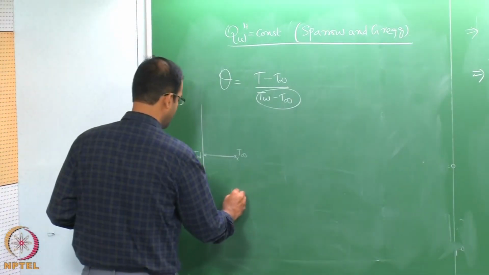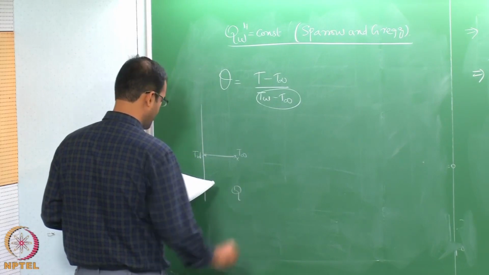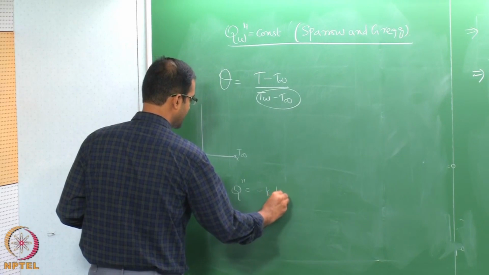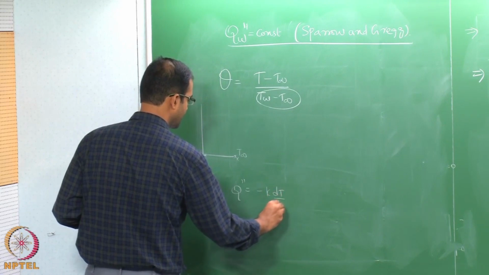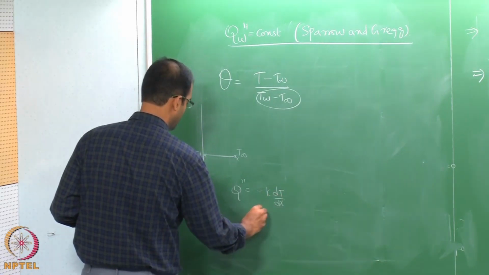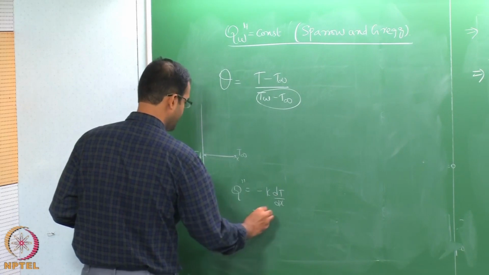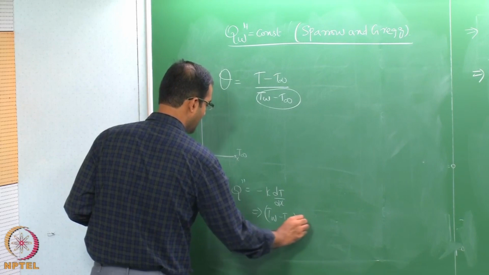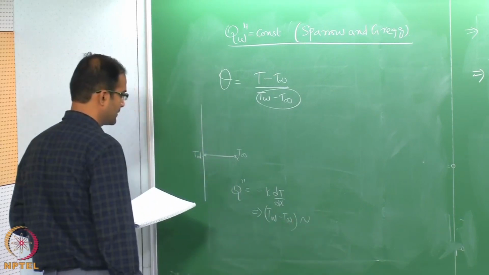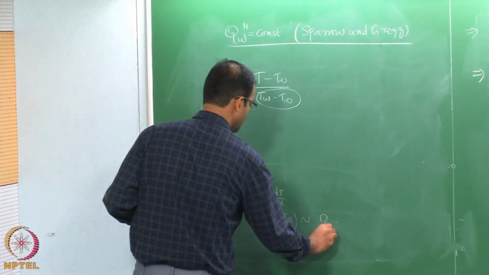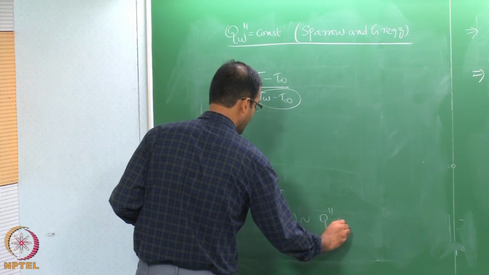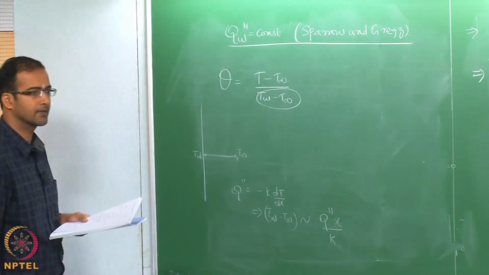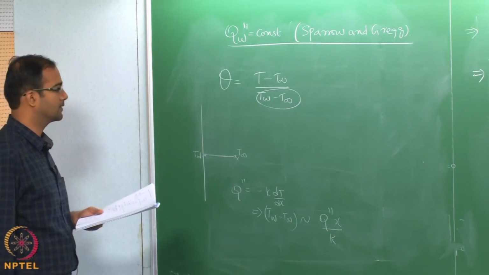So, what we can say is that your q double prime is equal to minus k dT by dx. Therefore, this can be written as T wall minus T infinity. The order of magnitude of this will be q double prime into x by k. We are just looking at the order of magnitude.